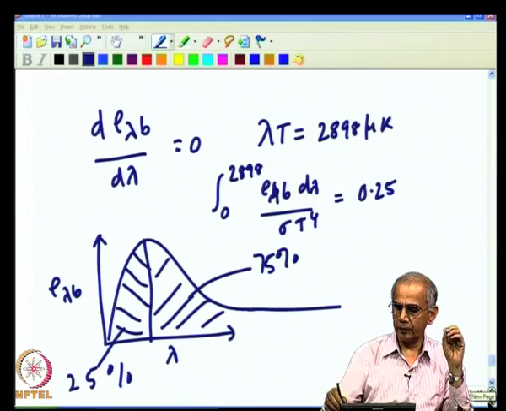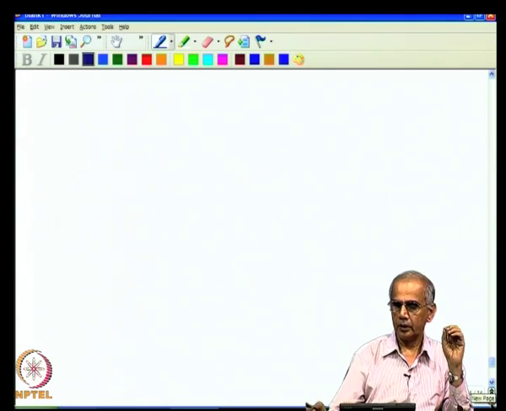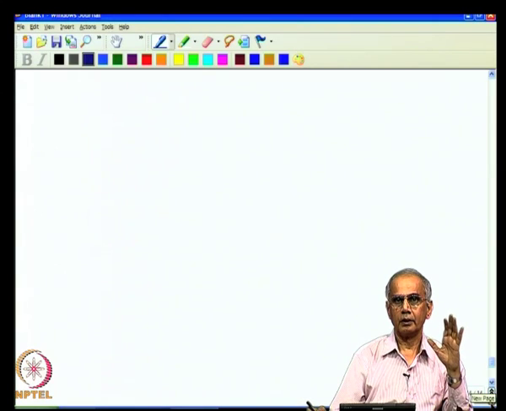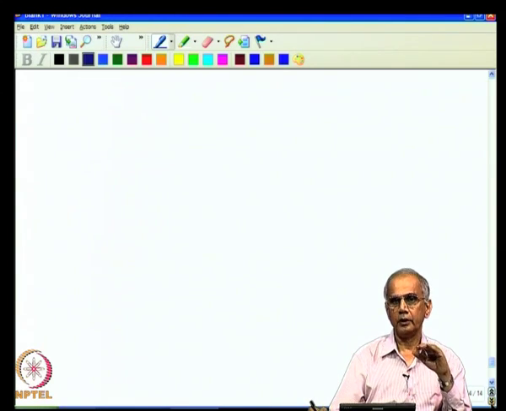So, when you compare a real surface with an ideal surface like the black body, both at the same temperature, the emission by a real surface will always be lower than that of the black body at the same temperature. So, this gives us a chance to define what is called emissivity.